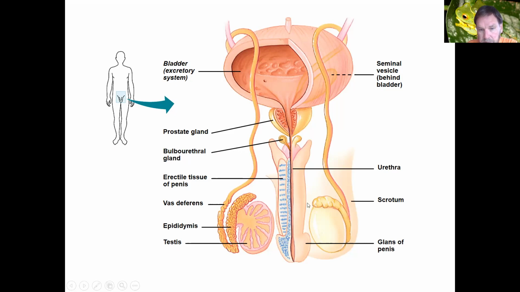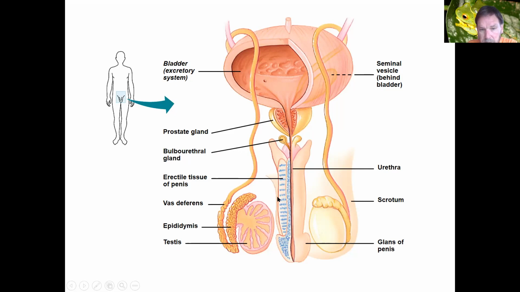So you have two testes, two epididymi, right, to store sperm, two vas deferens, and they all connect with the supporting glands during ejaculation of sperm.